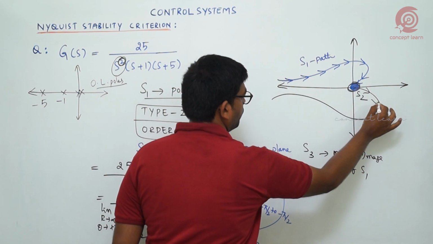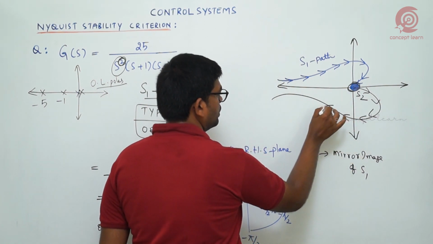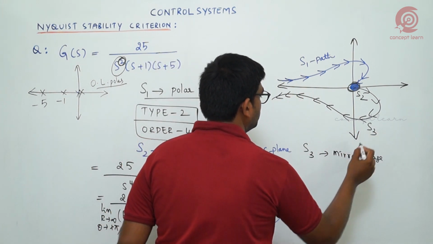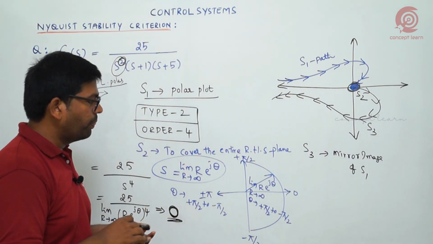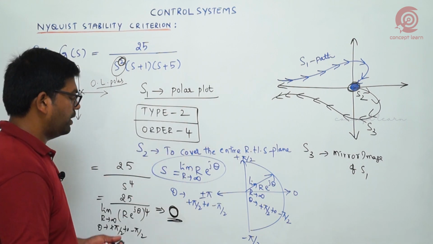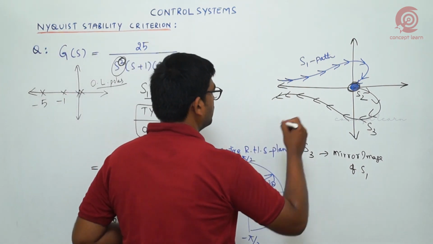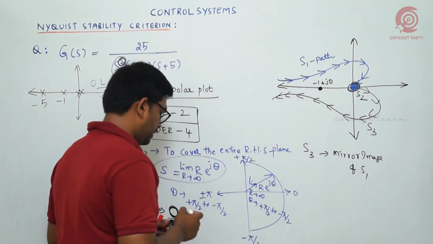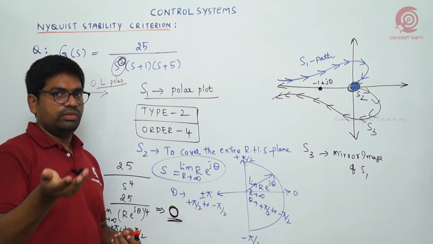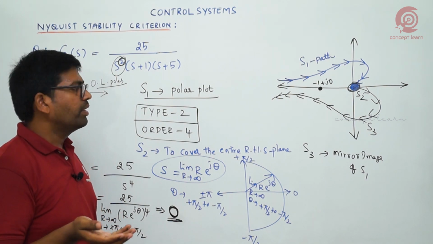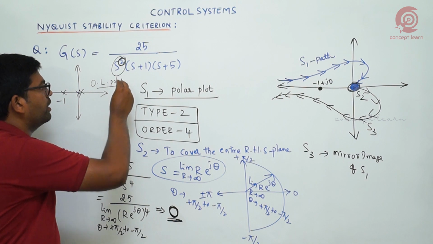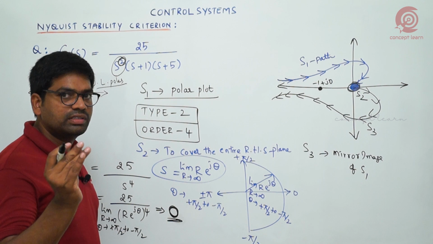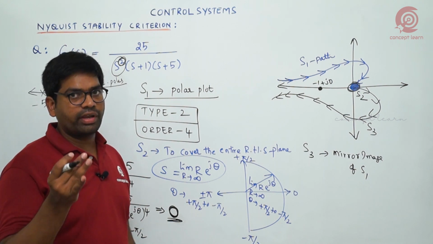This is S3. This is the procedure to construct the Nyquist path, where we are mapping the entire S plane towards the critical point minus 1 plus j0. But in the previous examples there is no pole or zero located at the origin.